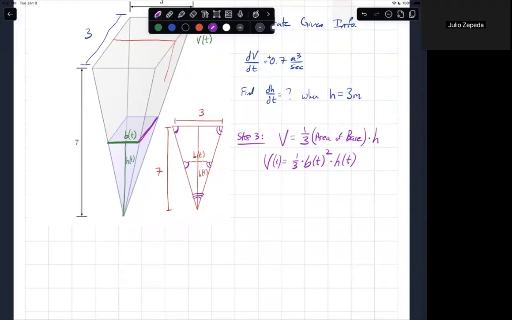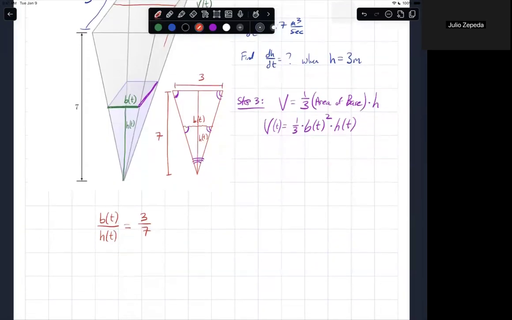And if we divide one side length, let's say b of t, by another side length, h of t, then if we divide the corresponding side lengths in a similar triangle, that will have the same ratio. So if we divide the base of the bigger triangle by the height of the bigger triangle, then those 2 fractions are equal.